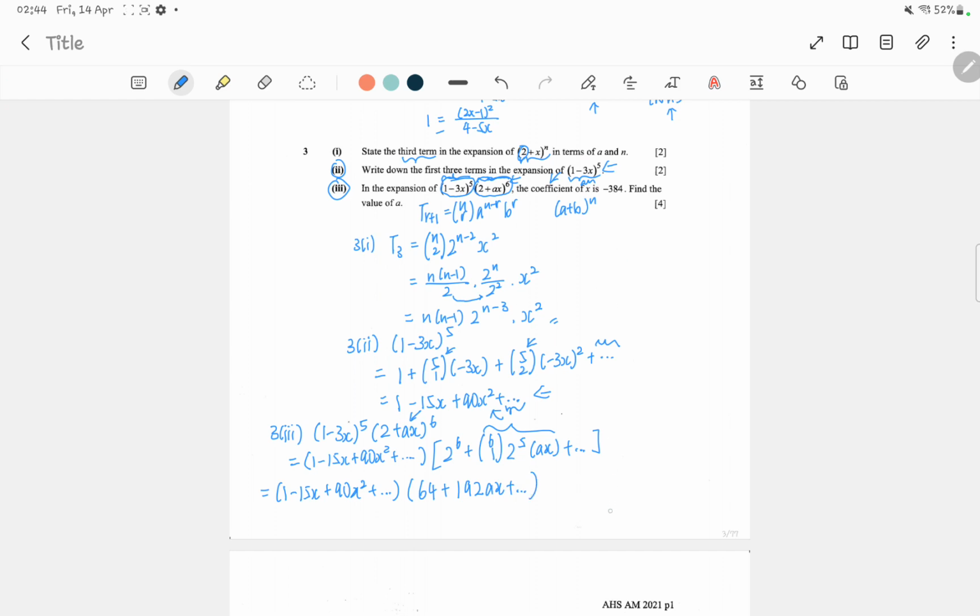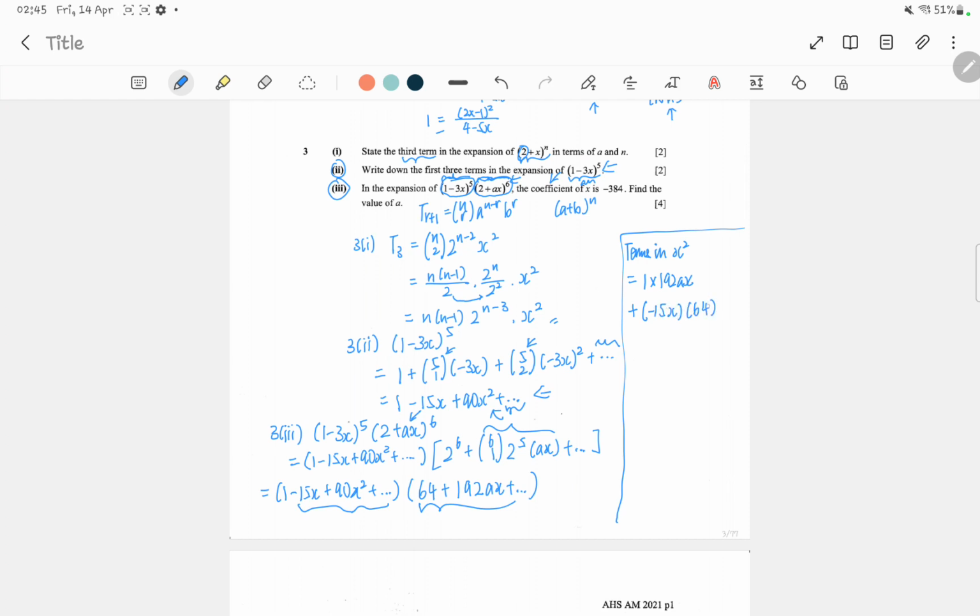I'm just going to continue on over here on the right hand side. I'm going to multiply the terms here and the terms here that give me the terms in x. So the terms in x equal 1 times 192ax, plus minus 15x times 64.